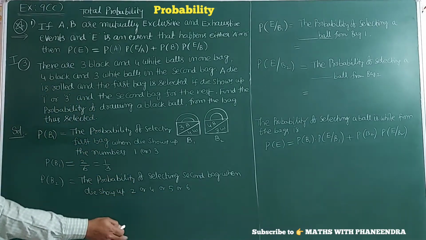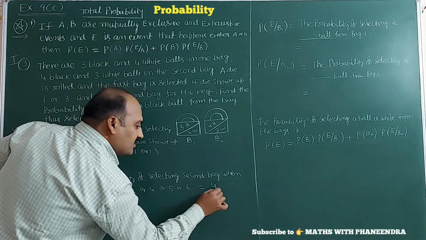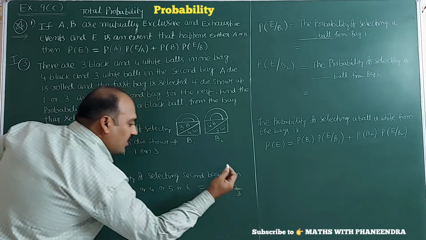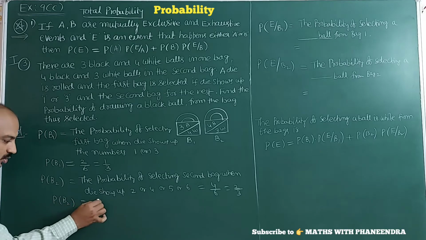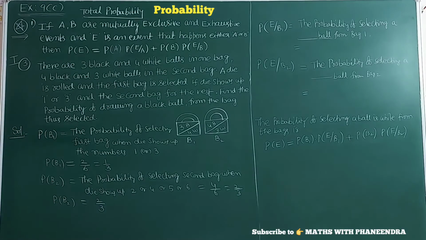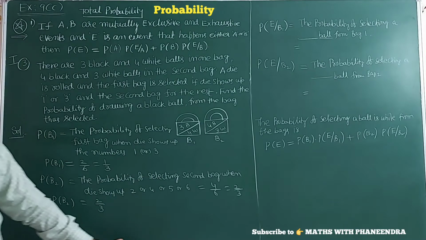So total 4 are there. We can write it as 4 by 6, that is equal to 2 by 3. Therefore, P of B2 is equal to 2 by 3. I hope you understand that, dear students.